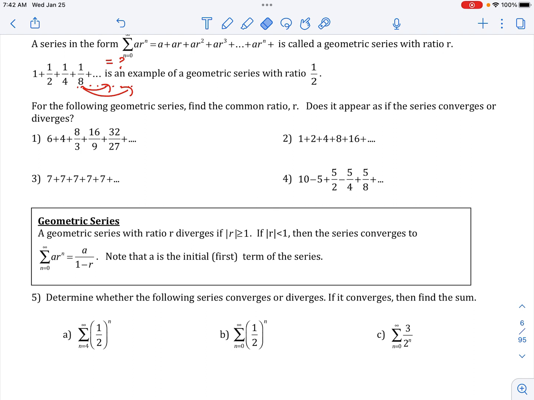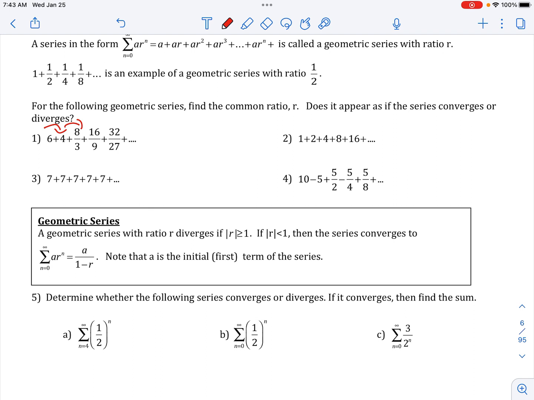So let's look at a couple problems and see whether it's going to converge or diverge. First thing we have to figure out, what is your common ratio? First of all, the numbers have to be getting smaller, right? So let's see if we can figure out what r is. From here to here, what number are we multiplying by every single time?